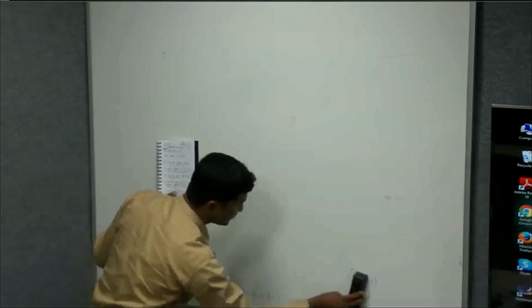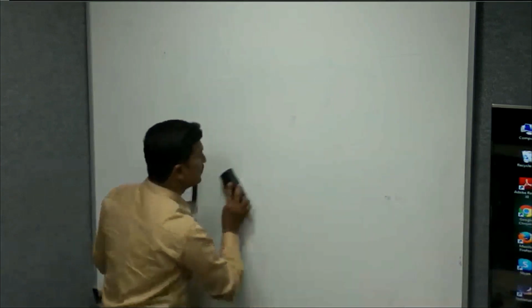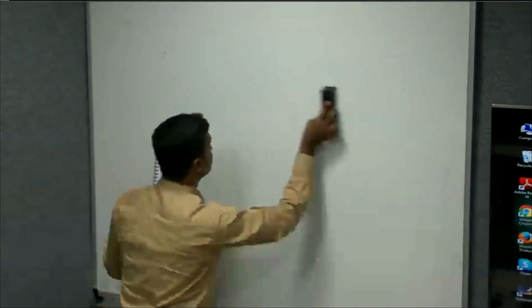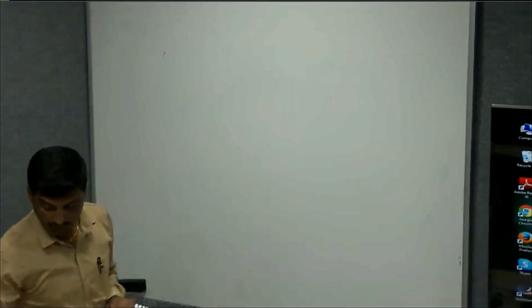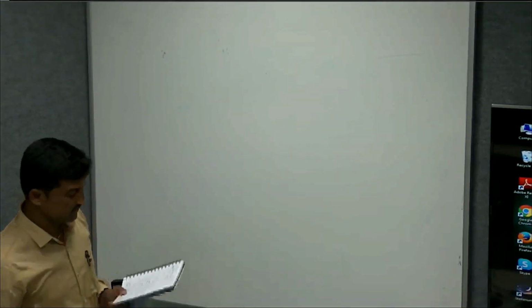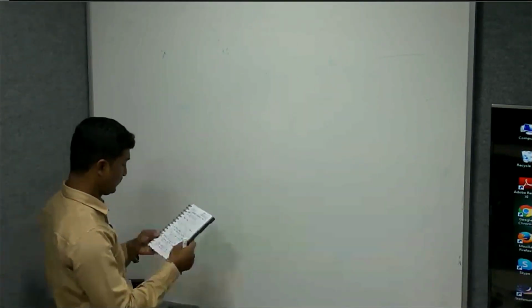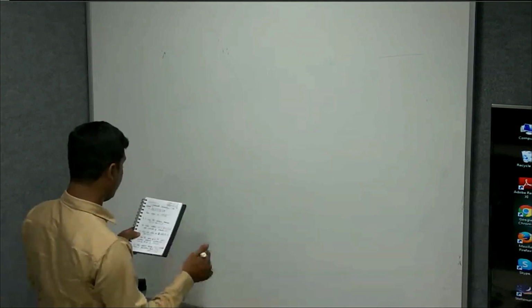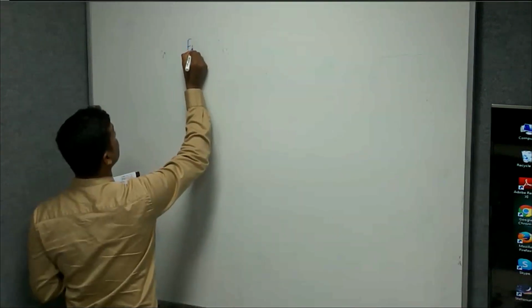There are some questions where they will ask you to find the coordinates of a point on the x-axis or y-axis which is equidistant from two points. Okay, so that's the question.